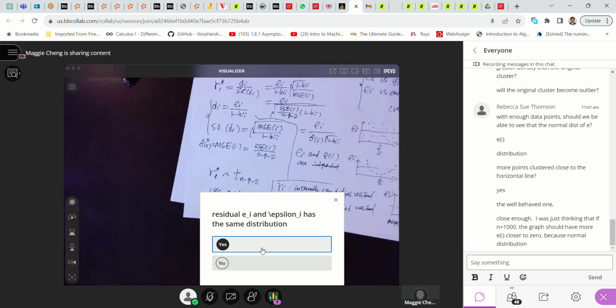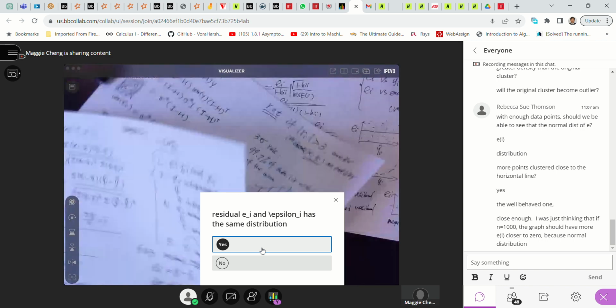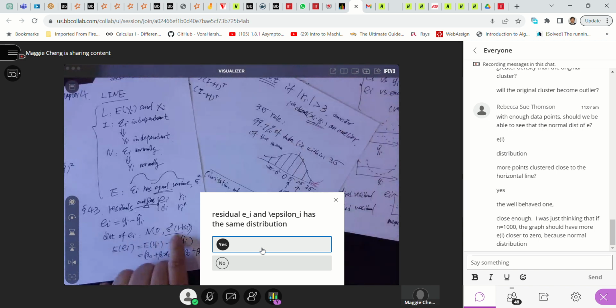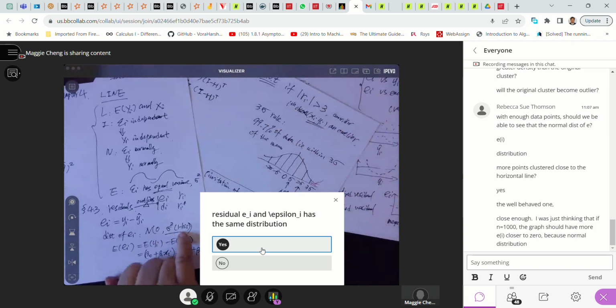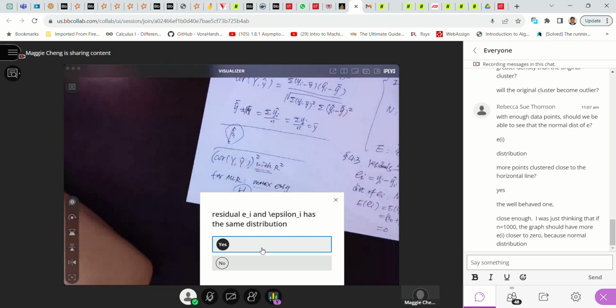All epsilon i can have equal variance, sigma squared, but each ei still has a different variance. You look at the distribution formula right here. Even though nothing is violated, each ei can still have a different variance because there's a 1 minus hii that depends on i. All right, okay, you can get off now.